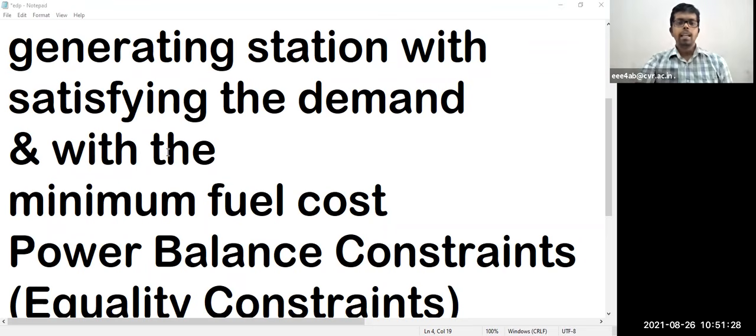We have to minimize the total cost involved in all the 3 generating units, so that the total cost of power production will be minimized.